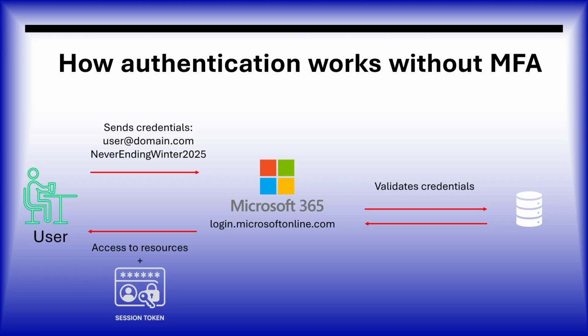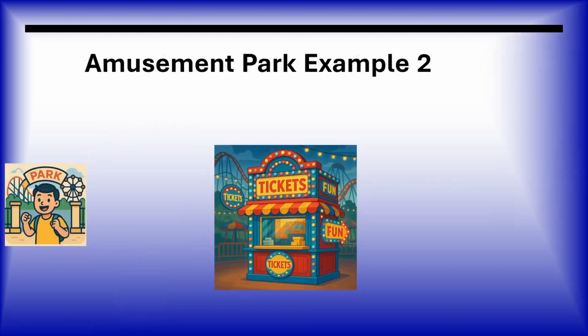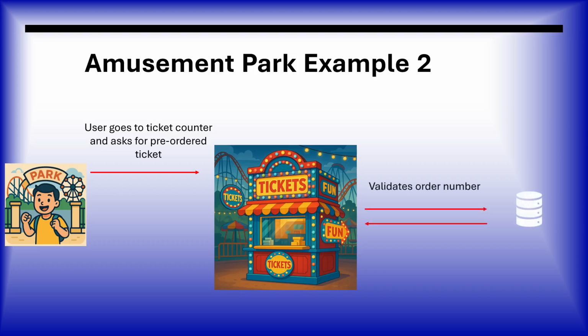All right, so let's build off of that with another amusement park example. Again, they order their tickets online and have an order number. They get to the park and give the person behind the ticket booth the order number, who validates that it is correct and then says, when you ordered the tickets online, you put your name on the order.